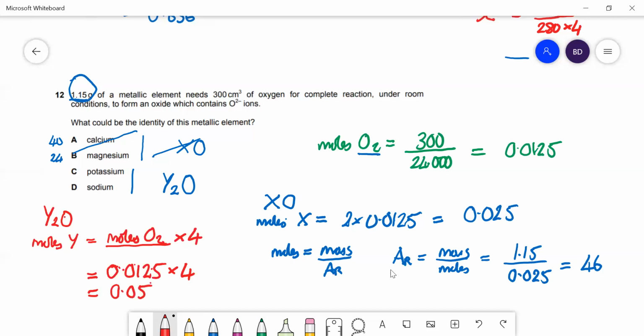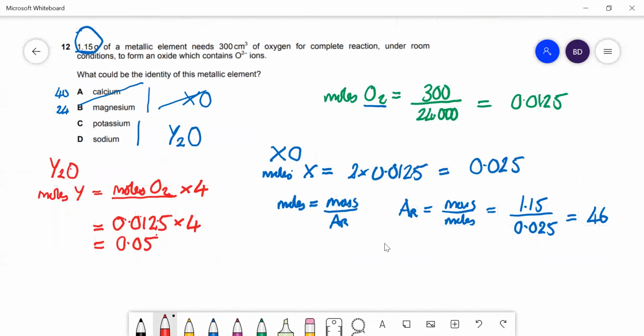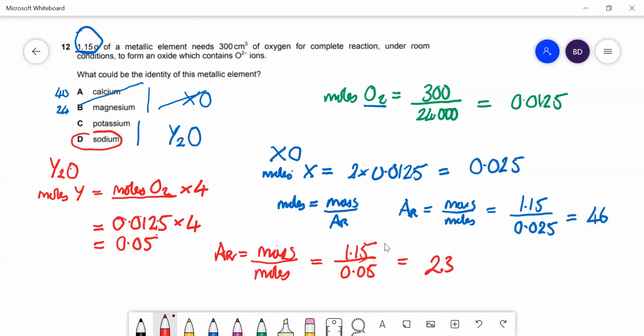Okay, so we work out the AR like we did before. So the AR is going to be mass over moles. The mass is 1.15. The moles is 0.05. That's equal to 23. You should probably recognize that is the AR of sodium. So D is the answer there.